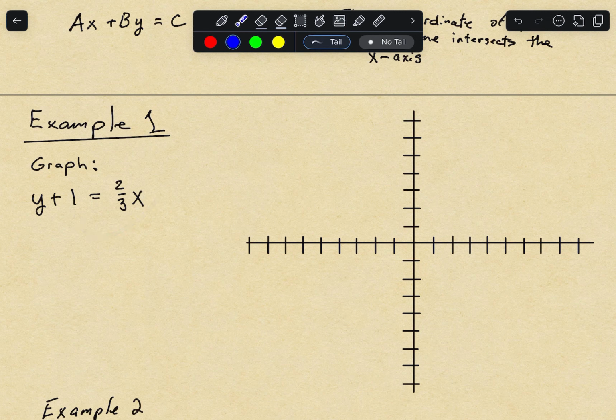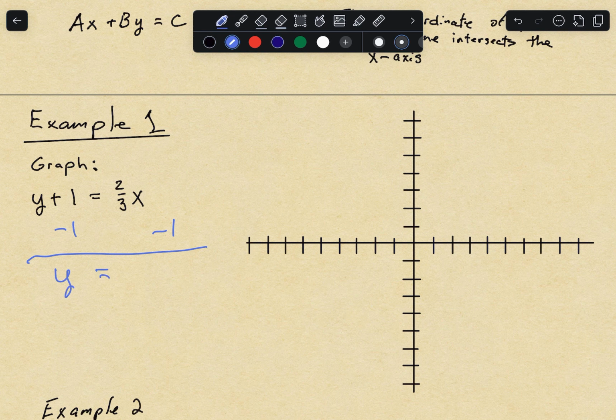So we're going to subtract 1 here and subtract 1 here. This becomes y, and the 1 goes away on this side. Then this will be 2/3 x minus 1. And now we have it in y equals mx plus b form.